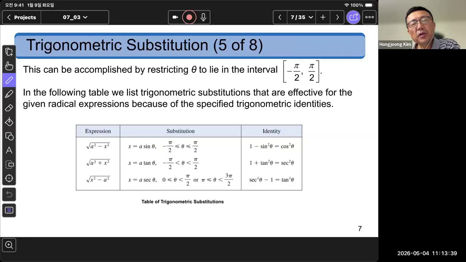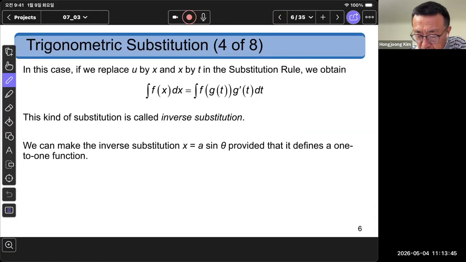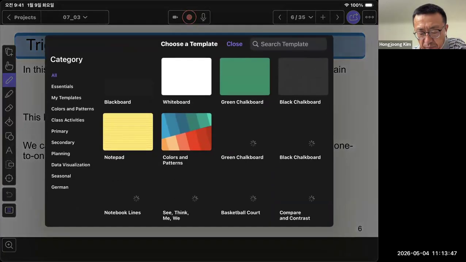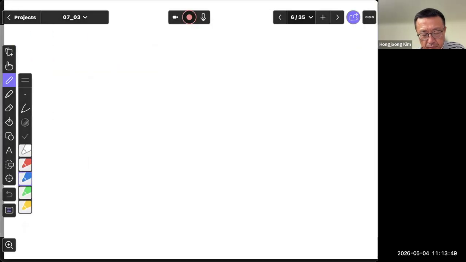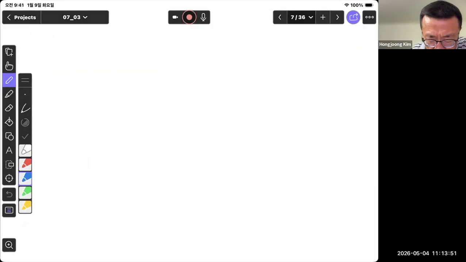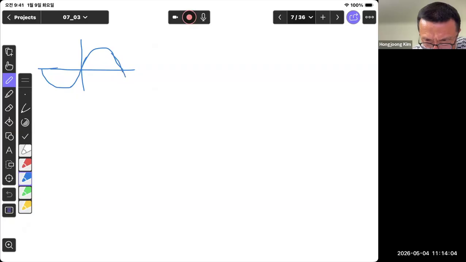Please remember that given the sine function, originally sine and cosine are periodic functions.